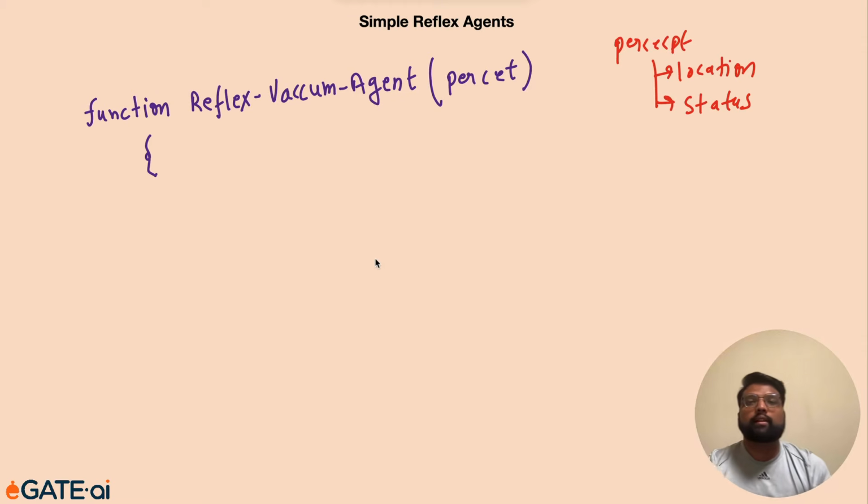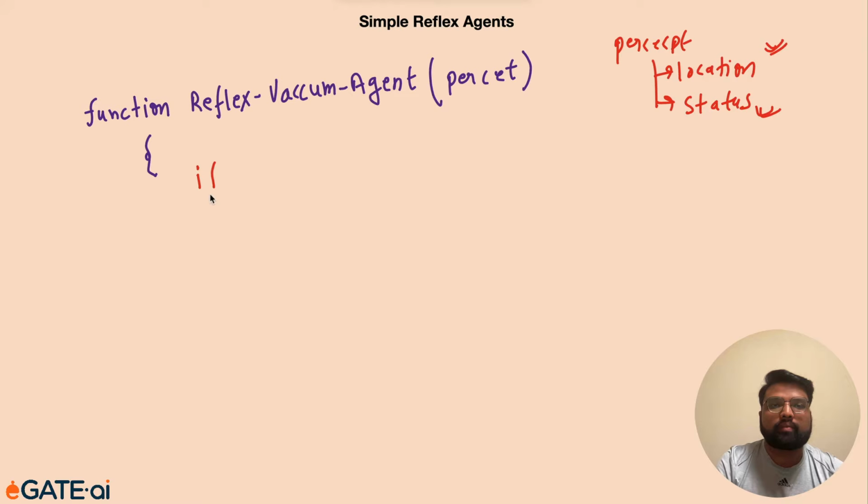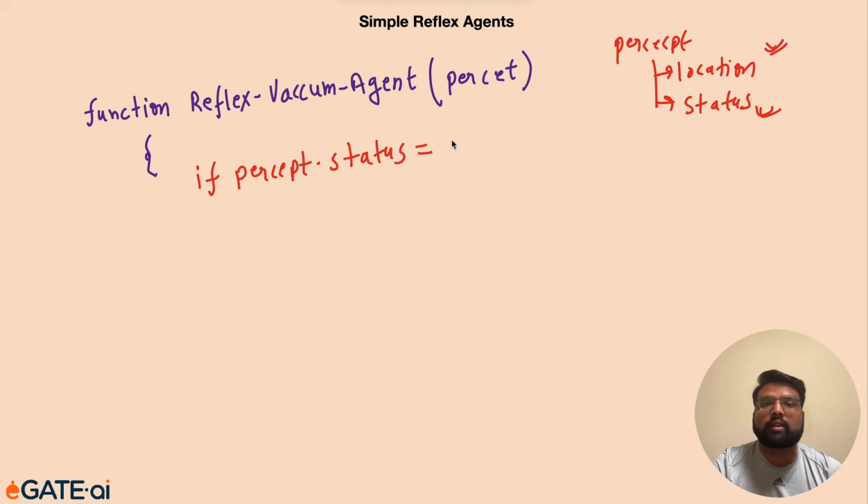So let's try to write the simple agent program for this reflex agent. We are calling it reflex vacuum agent. It will receive the percept. This percept will have the location and the status of the dirt, whether the block is dirty or clean. So if percept.status, this status will tell if the current block is dirty or clean.